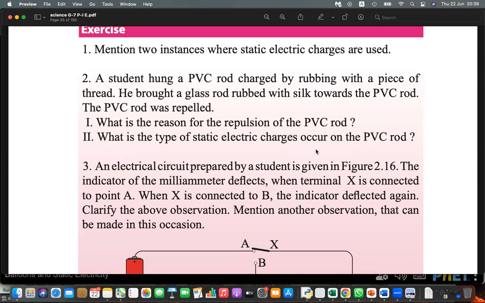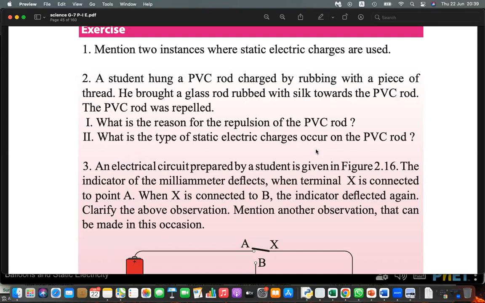Like poles or unlike poles. Positive and positive will repel. Negative and negative will repel. But positive and negative will attract. Here the repulsion is because of same or like charges.